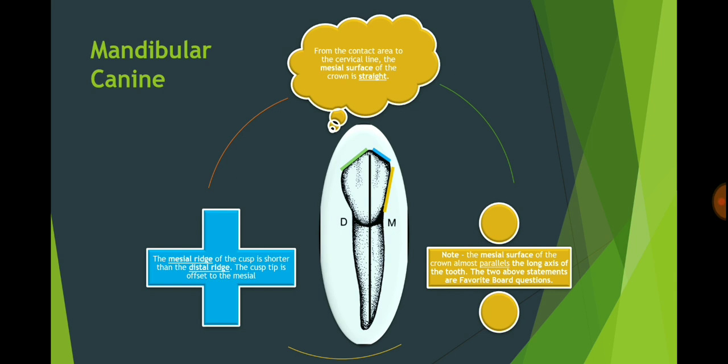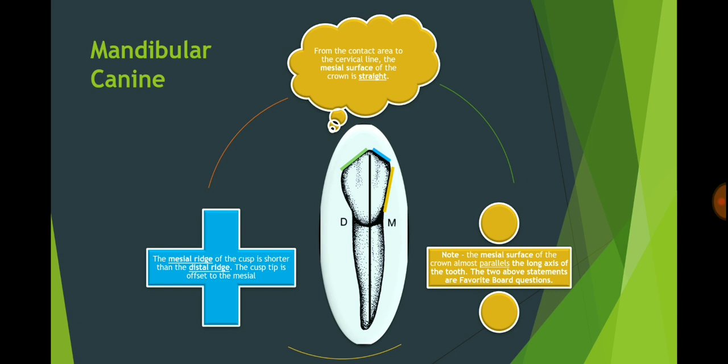Okay. Mandibular canine. From the contact area to the cervical line, the mesial surface of the mandibular canine is straight. That is the yellow line. Now, the mesial surface of the crown is almost parallel to the long axis.